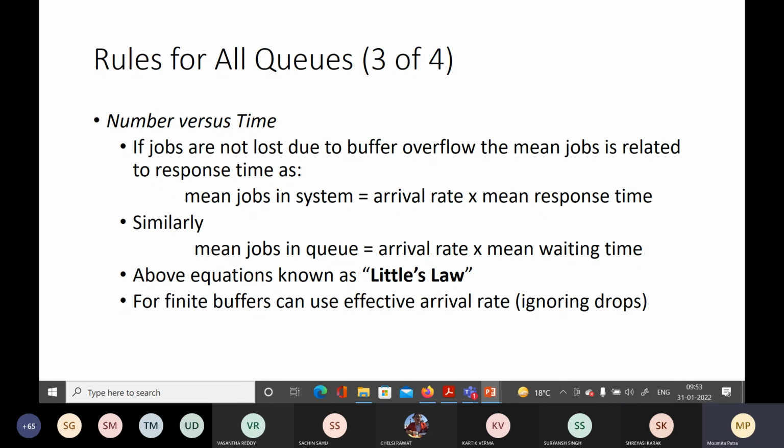That means effectively how many packets are actually able to enter your system, and you ignore the packets which are getting dropped. We will see all of these in further slides, during a lot of analysis in this chapter, with all of these cases and how it works out.